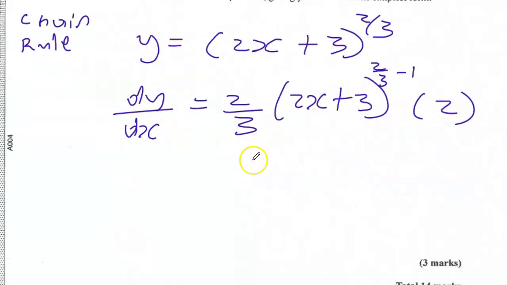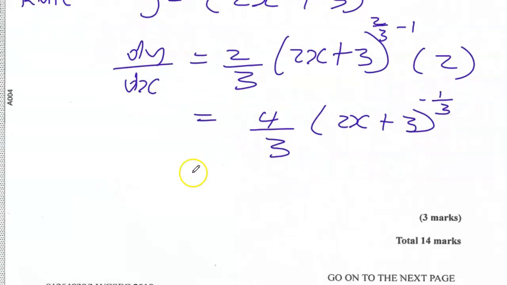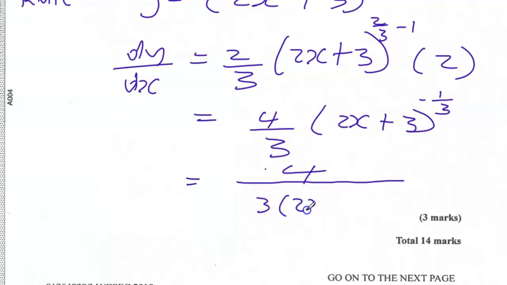Alright? So we can rewrite this as, well, the 2 times the 2/3 outside gives us 4/3, and then 2x plus 3 to the power of 2/3 minus 1, that's negative 1/3. Using indices, this would be 4 at the top and 2x plus 3 to the positive 1/3 at the bottom.